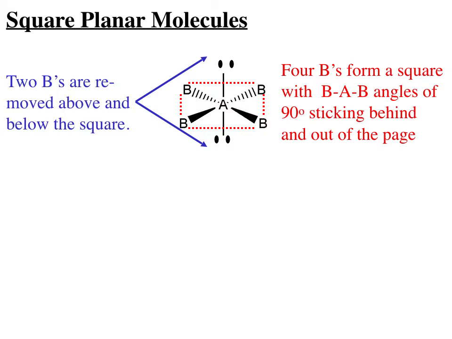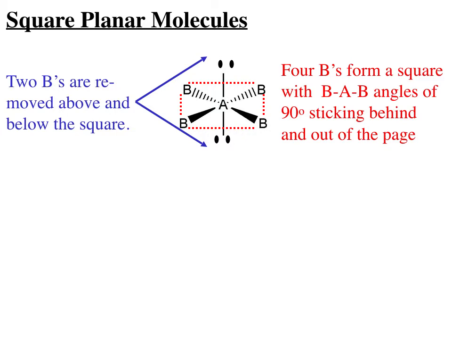A pictorial representation of square planar begins with the octahedral arrangement. There would be, of course, 6 attachments to the central A in the octahedron. I leave the 4 B's that are in the equatorial locations alone. And then axial to those 4 B's, I put the 2 sets of non-bonding electrons.